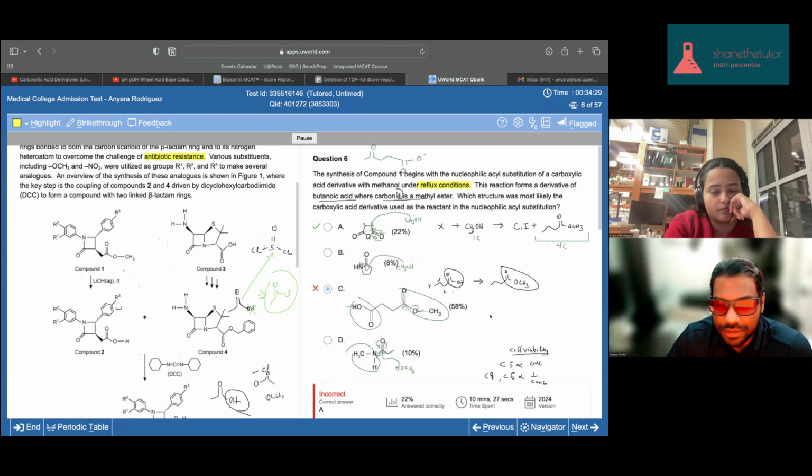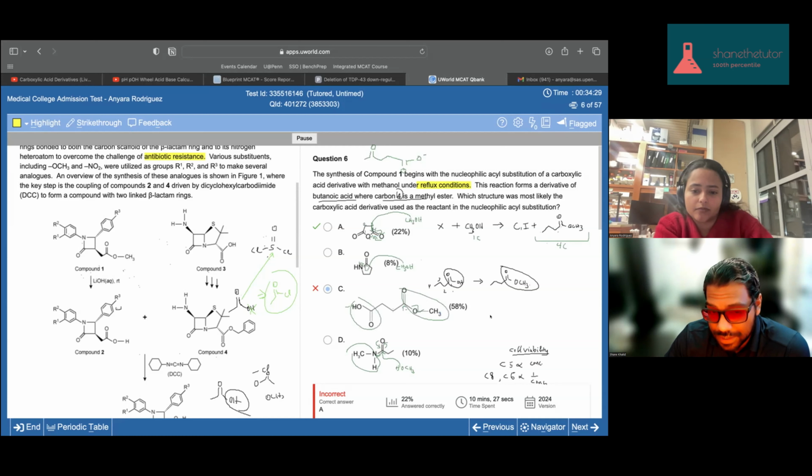So essentially how to do this problem is understanding what they're asking. They're saying that the synthesis of compound 1 begins with the nucleophilic acyl substitution of a carboxylic acid derivative, we don't know which, with methanol. So I wrote that here. And this produces a derivative of butanoic acid where carbon 4 is the methyl ester.